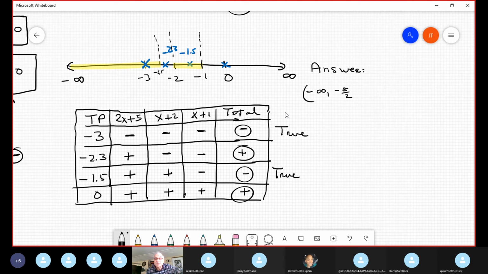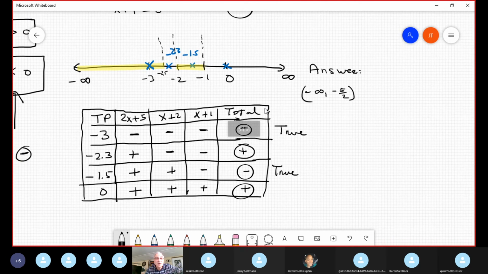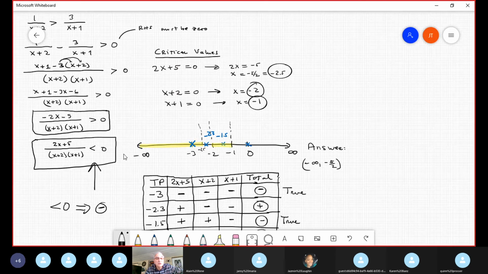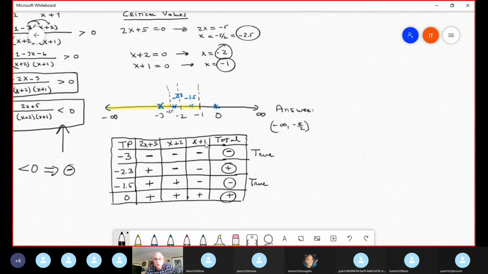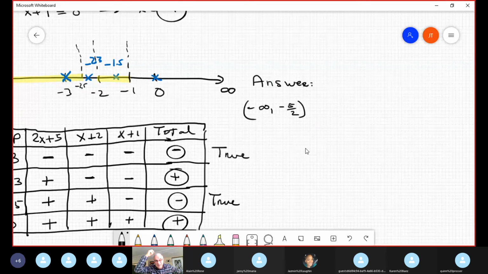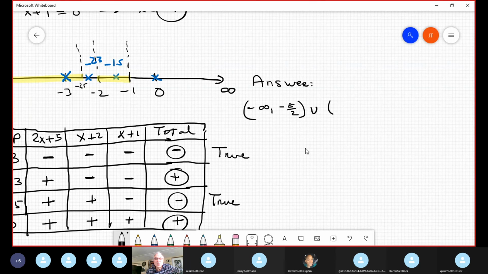The bracket or parenthesis. Well, at the beginning, I can see that my problem is strict inequality. Do not consider equal sign. So when there's no equal sign, it's always a parenthesis, never bracket. Union, minus 2 comma negative infinity.